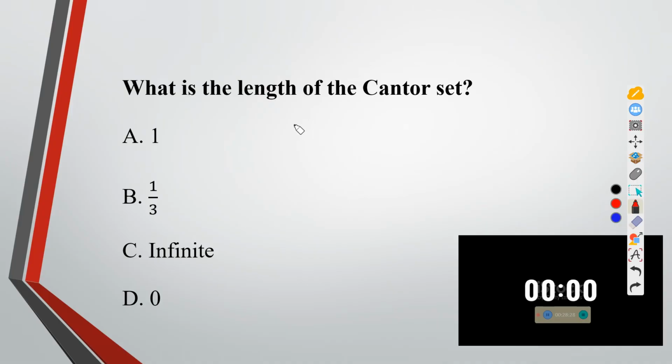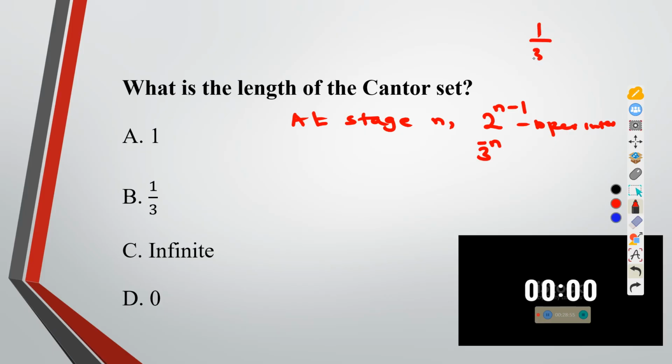To do that, you recall that when you are constructing a Cantor set, at a given stage n, you have 2 to power n minus 1 open intervals. These are open intervals of length 3 to power negative n, which are removed.